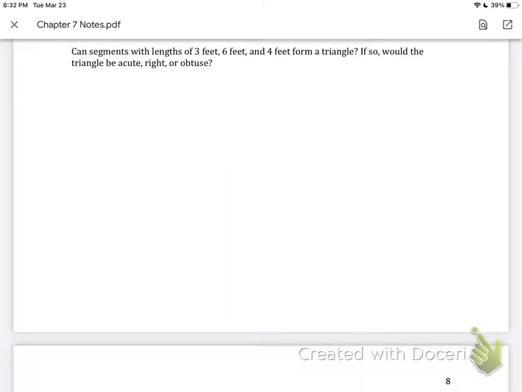Okay, here are the segments. Changing colors again. Okay, so this says, can segments with lengths 3, 6, and 4 form a triangle? That's our first question. If so, would it be acute, right, or obtuse? So you first have to figure out if 3, 6, and 4 work. So, is 3 plus 6 greater than 4?